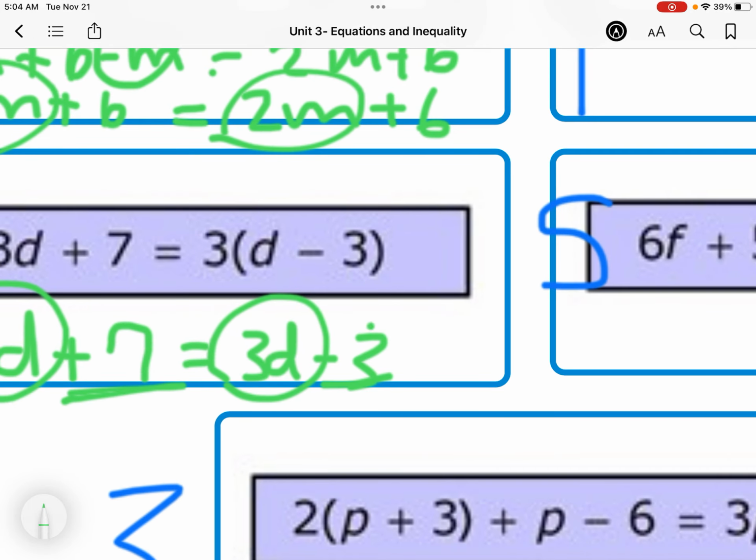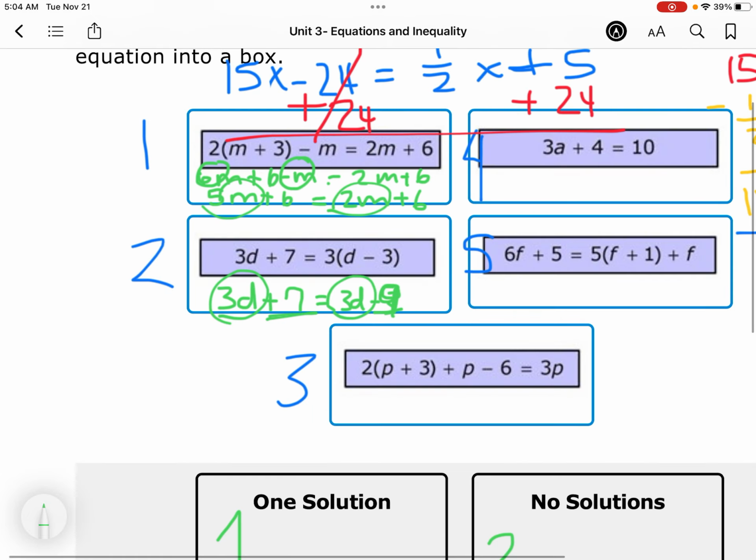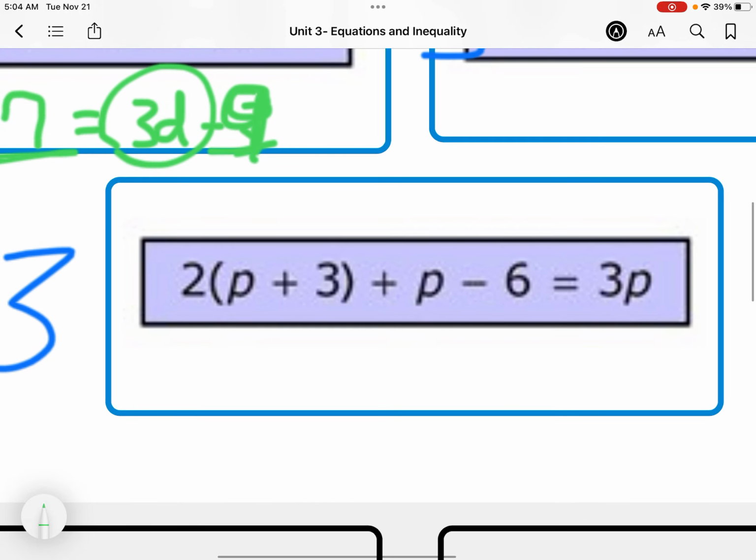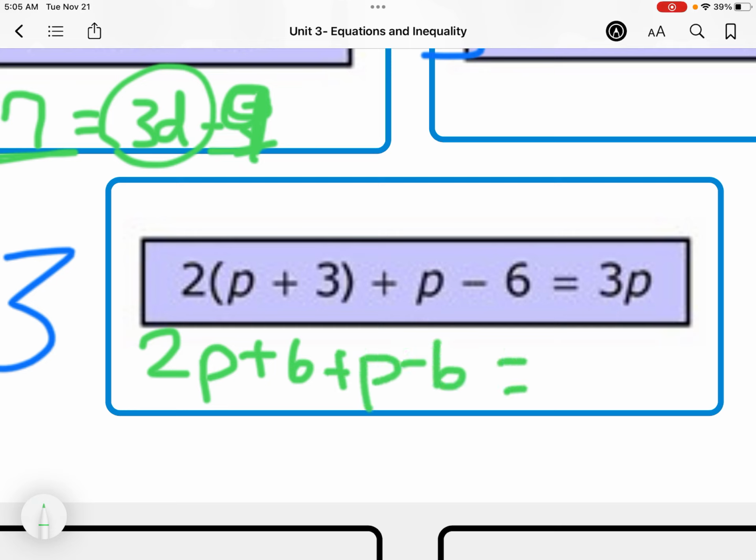Sorry, this one should have been -9. Number 3 should have been... so I'm going to combine like terms.